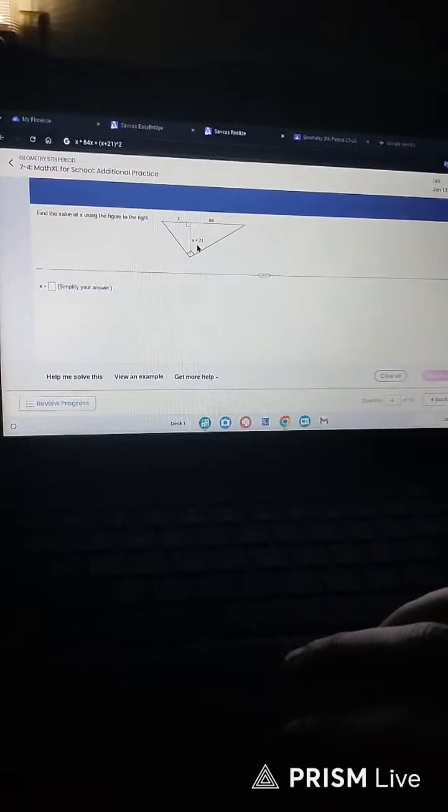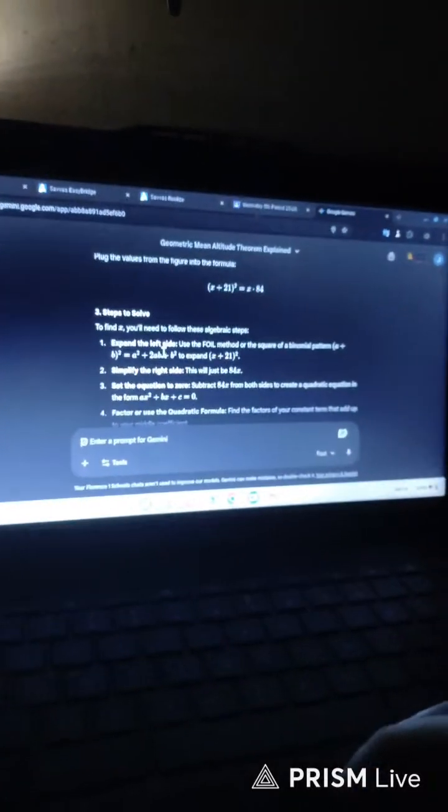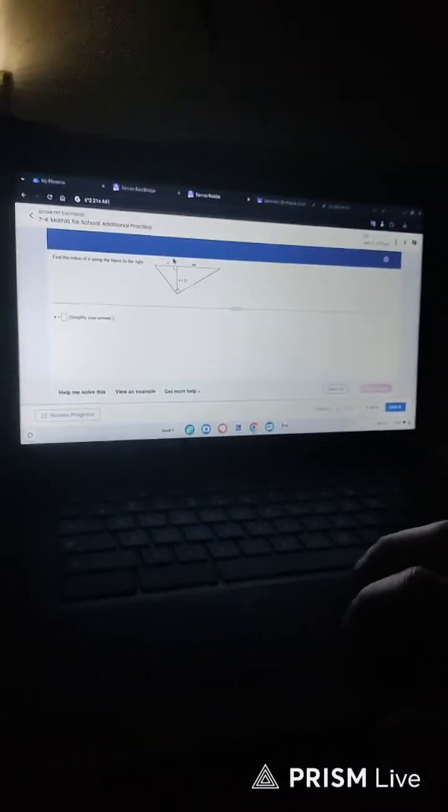So this is a squared, this is b squared, so x squared, 21x, and b squared, so that's 21 times 21, that's 441. That's 84x minus 21.